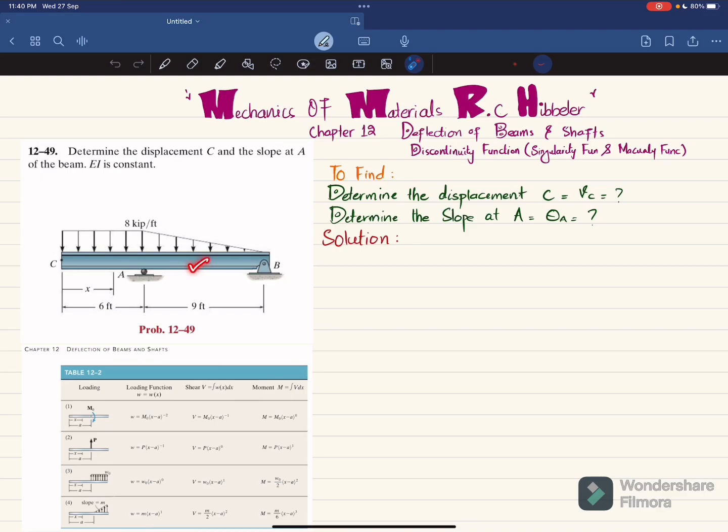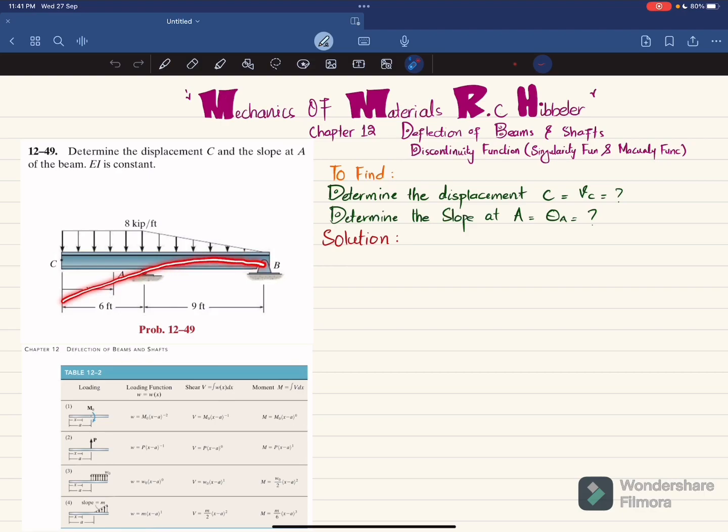So you can see this is an overhanging beam and loading is shown: from C to A there is a uniformly distributed load, and then from A to B there is a uniformly decreasing load or triangular load. X starts from here, total length of the beam is 15 feet, and at point A there is a roller support, and at point B there is a pin support. So due to this loading, the beam will deflect like this.